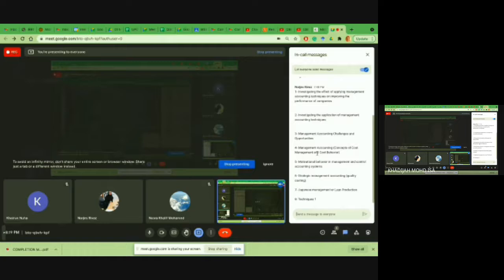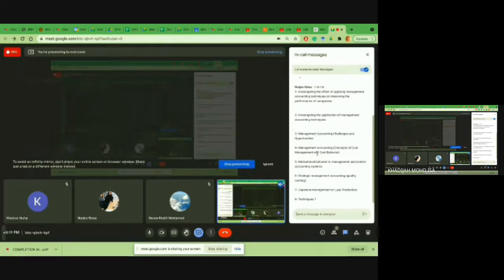Your topic cannot be simply just like that. The title of your research should tell the reader what you are doing. For example, number one is very good because you investigate the effect of management accounting techniques on improving the performance of companies.